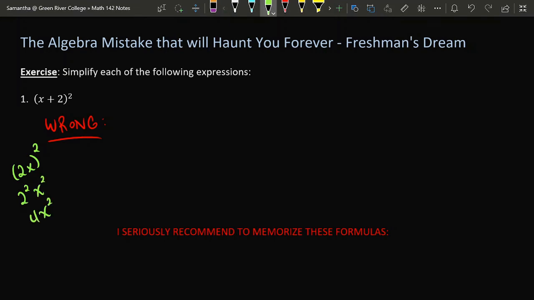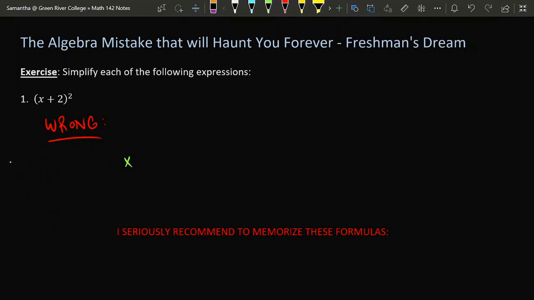That's because if I went back to the original definition of squaring something, 2x to the power 2 would be equal to 2x multiplied by itself, which after just a little bit of rearrangement is equivalent to having 2 2's and 2 x's, so 2 squared x squared.